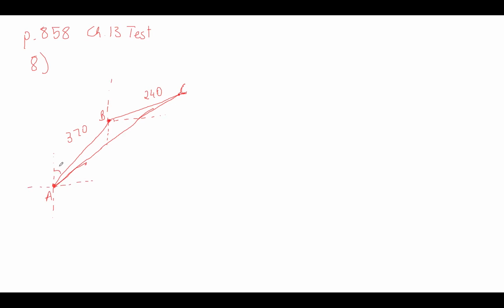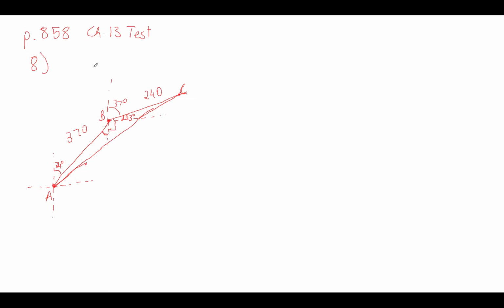So I know this angle is 24 degrees. I know this angle is 37 degrees, again, not to scale, which means at least this section of angle B is 53 degrees. This bit of angle B is 90 degrees, so I know it's at least 143 degrees for angle B, and now I need to figure out what this angle is.